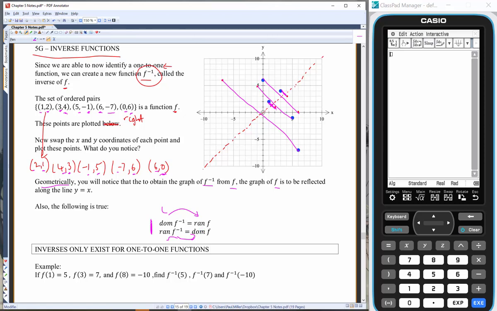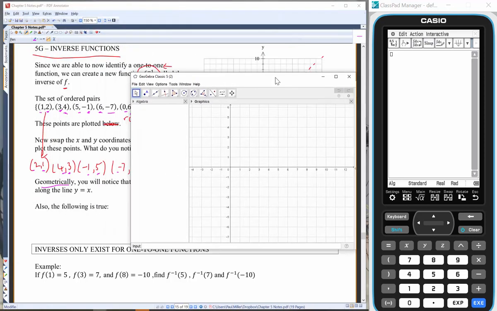Now you might be wondering why an inverse function requires a one-to-one function. So what I'm going to draw is y equals x squared. Now this is not a one-to-one function because it fails the horizontal line test. We get two of the same y value.